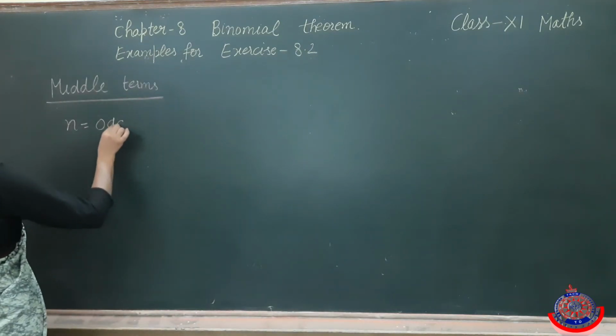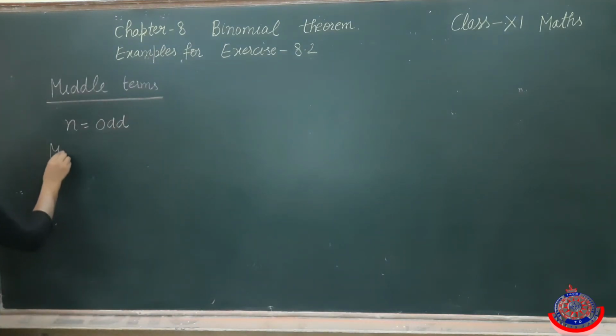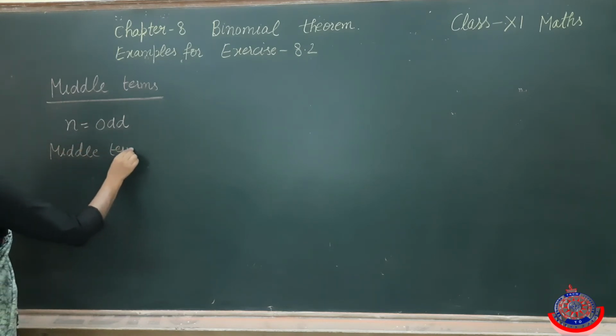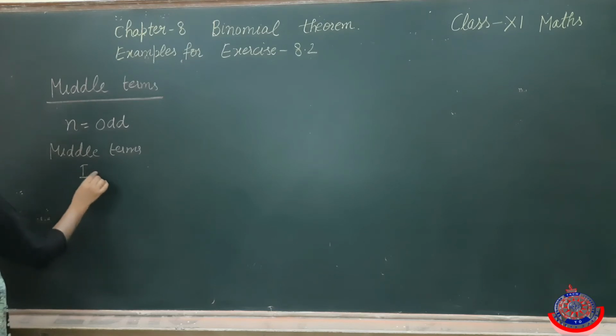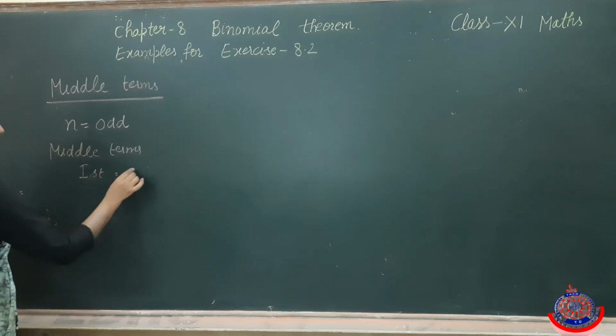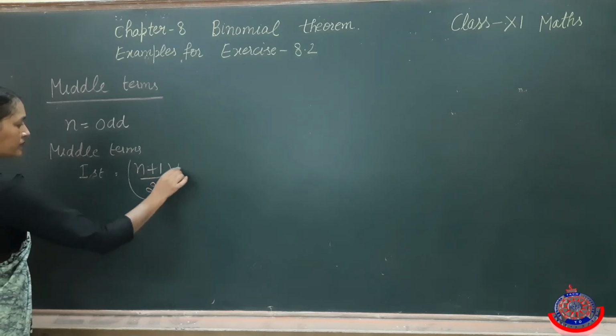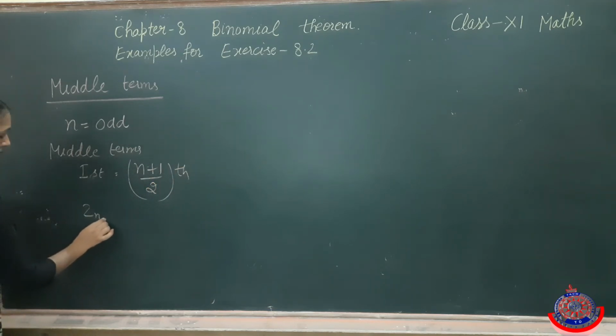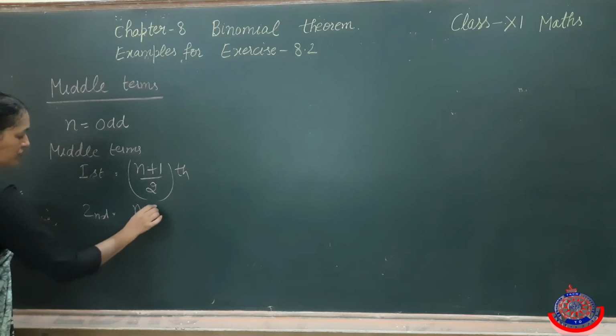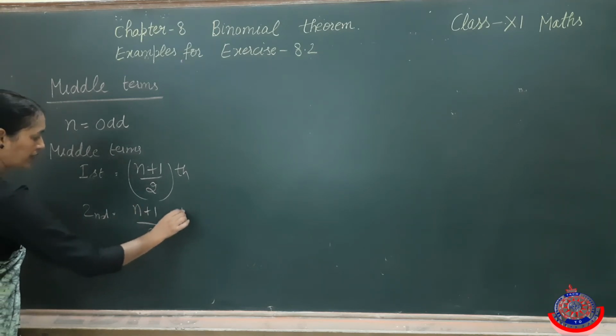If n is odd, the middle terms would be: first middle term, the n plus 1 upon 2th term, and second middle term would be n plus 1 upon 2 plus 1.